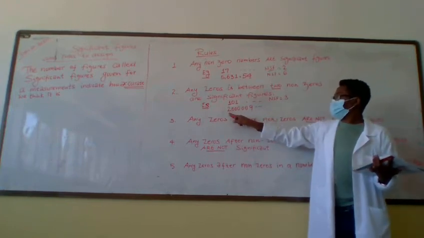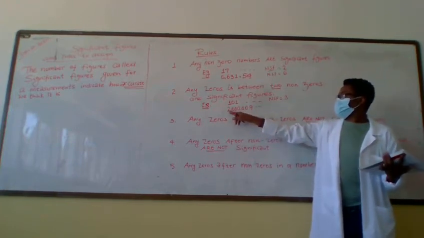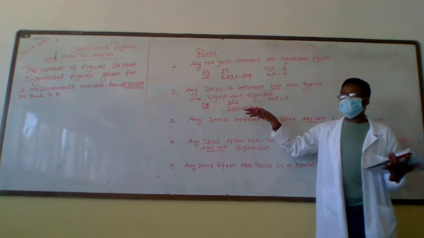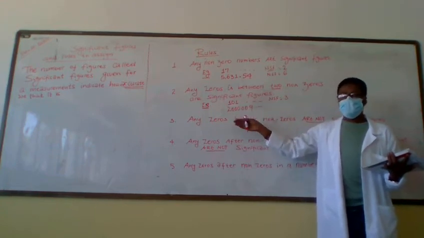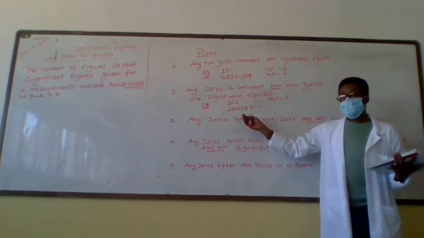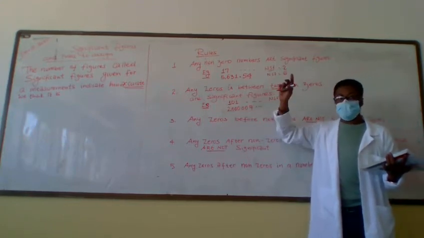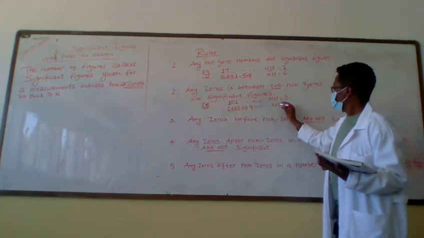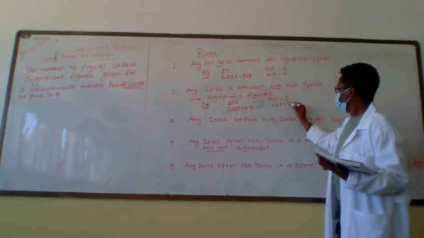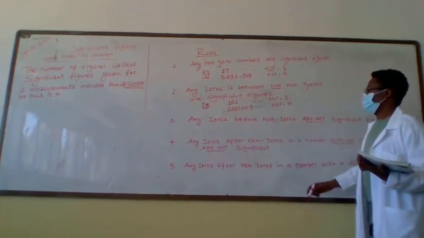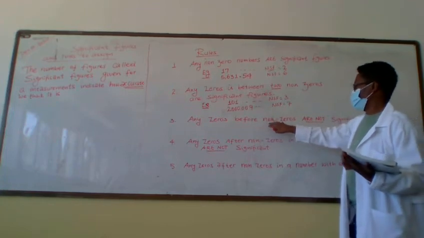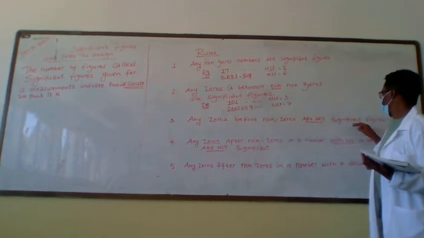What about here? There are zeros in between 2 non-zeros, so they're counted as significant figures. So the number of significant figures? There are 7. Very good. So any zeros before non-zero are not significant figures.